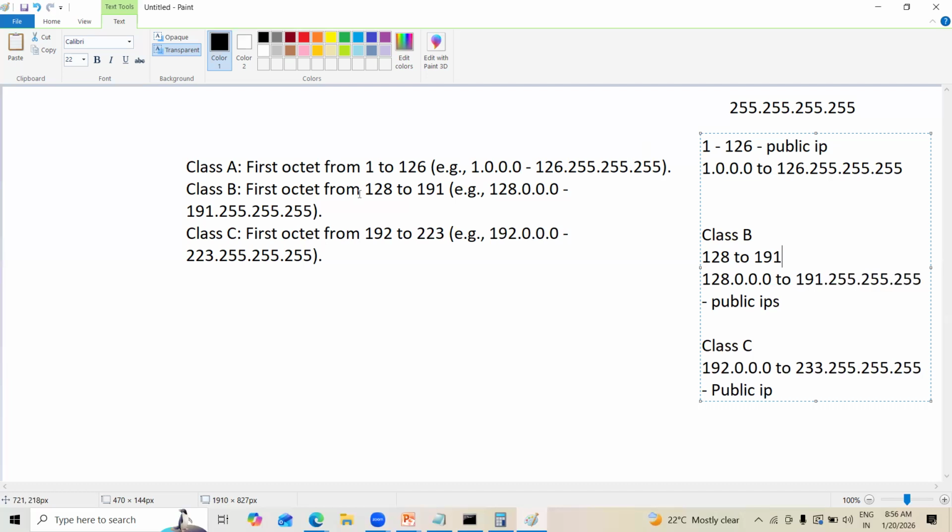Where the private IPs come in, how we are going to design that, and what the importance of private IPs is, we'll discuss tomorrow. Initially it is very difficult to understand and there is a lot of confusion, but slowly we'll definitely grasp it. Don't worry about it.